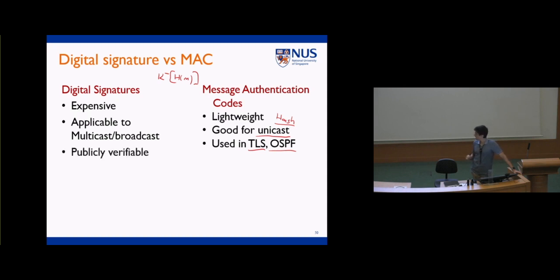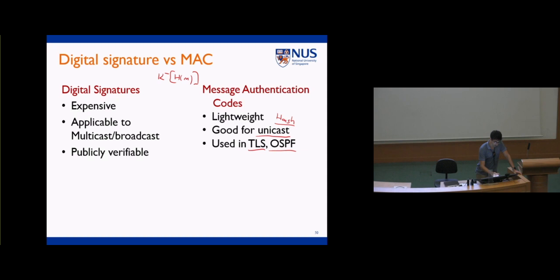And not only my destinations, but anyone, such as the court, such as a judge in a court, can verify that this signature is coming from me. So all they need to do is to obtain my public key somewhere, and then they will be able to verify.